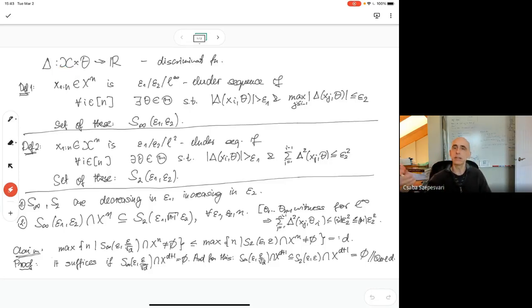And like I defined now L infinity and L2 Eluder sequences, and then they have two parameters for the sake of generality, epsilon1 and epsilon2, and then there is this L infinity parameter.